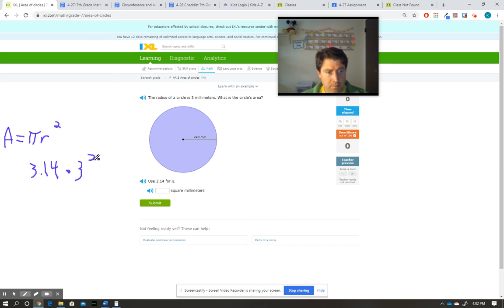Now, the way PEMDAS works is you must square numbers before you multiply them. Because in PEMDAS, remember, P stands for parentheses, E stands for exponents. So that's your key to square. And then it's multiplication, division, addition, subtraction. So now you can see all these skills that we've learned this year are all coming together here.